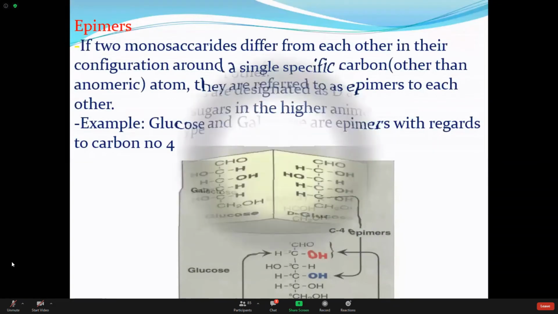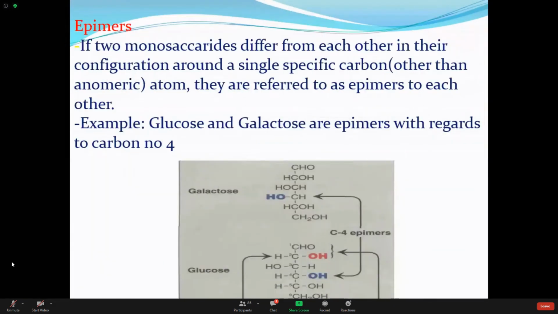Doctor, are they isomers? Yes, all are isomers. I am talking about isomers only. So epimer is a type of isomer.